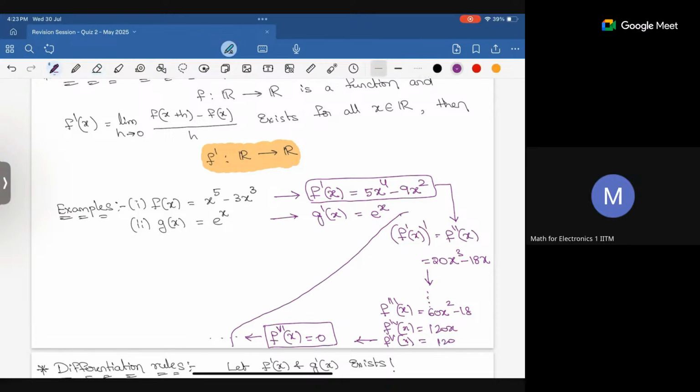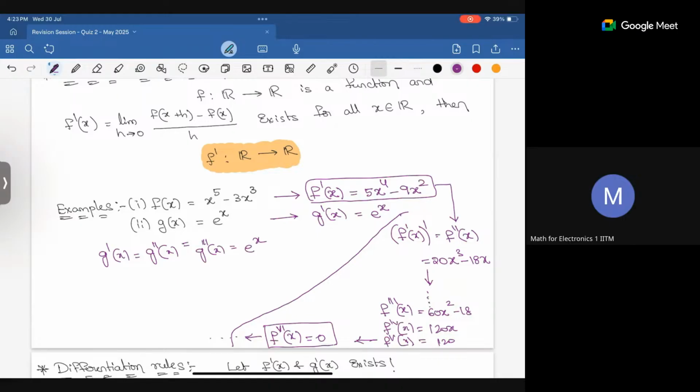Even in the second example, we can take derivatives, and we observe that even the 100th derivative of this g of x will still give you e power x. It will not converge or go to 0, unlike the first example. All the consecutive derivatives will be e power x.